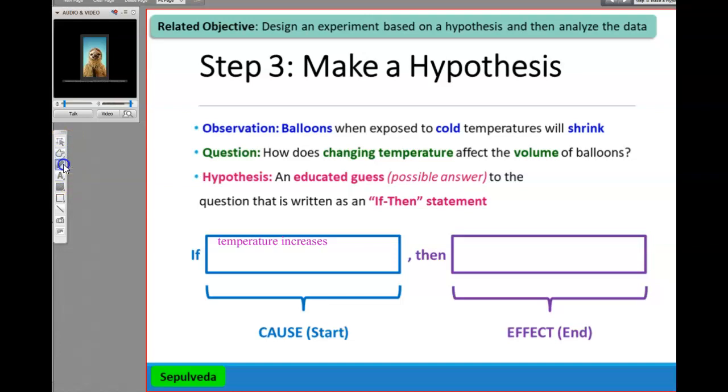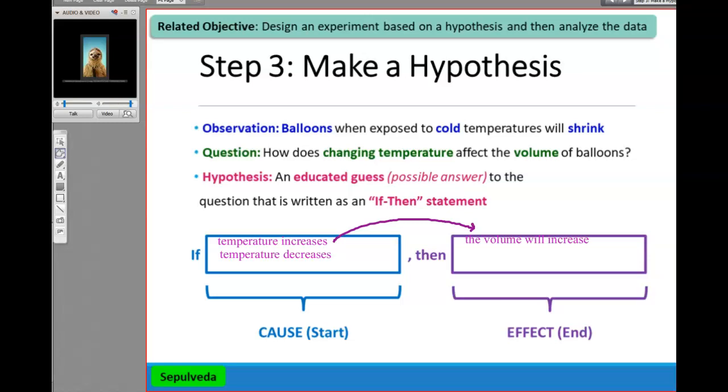Excellent. So can we say the same thing as opposite? What if the temperature decreases? What can we say then? If the temperature decreases, tell me in the chat box. Excellent, Angelica. Very good.